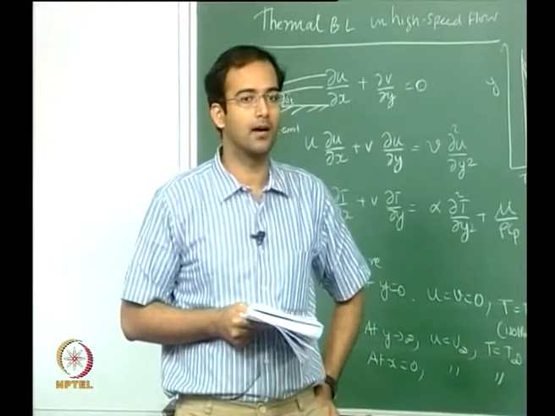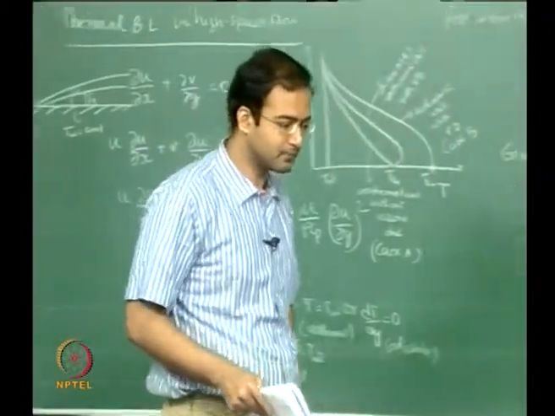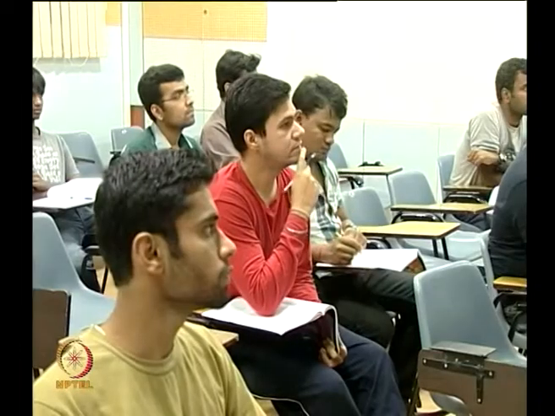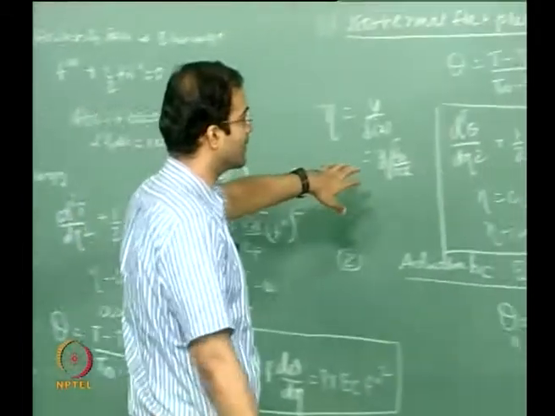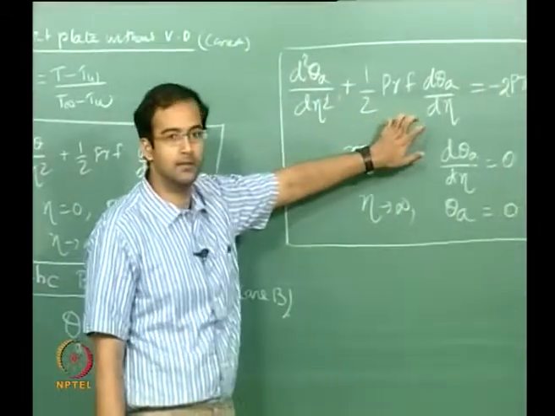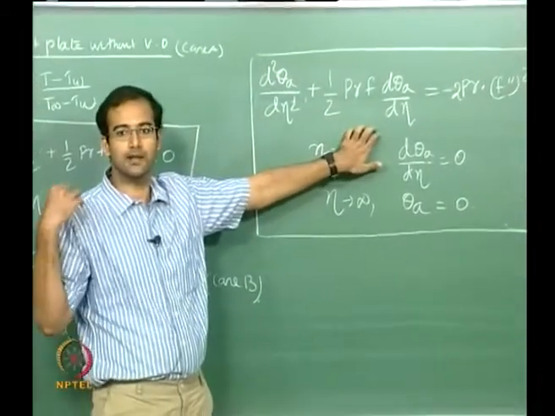Is that only possible if viscous dissipation is neglected? No, then you wouldn't have been able to derive a similarity solution here. The fact that you are able to reach a similarity equation shows that this is the right similarity variable.